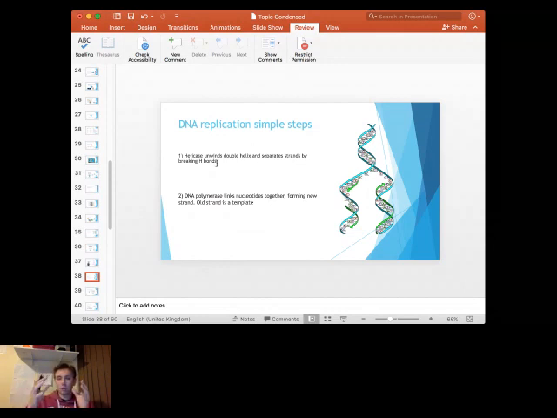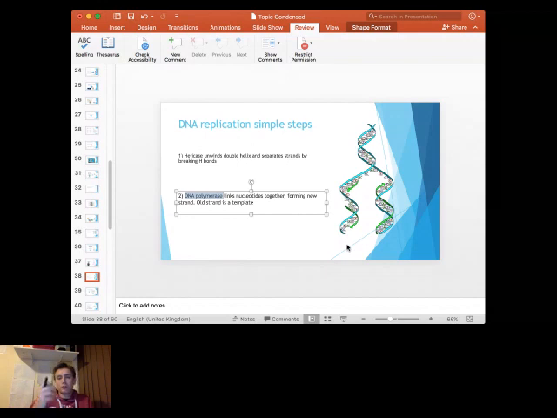It does this to expose the nucleotides that sit on the inside of this double helix. And as you expose the insides of the DNA, this other enzyme called DNA polymerase can suddenly come in and attach new nucleotides to that parent strand. And it does this in a 5' to 3' direction.